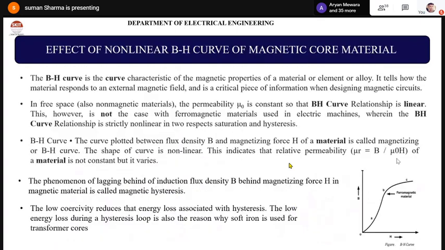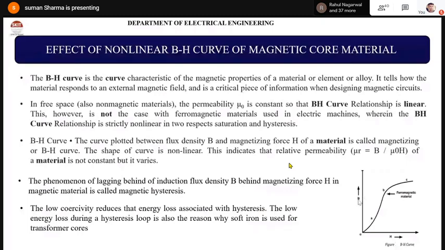Now BH curve, as you know, is the effect of magnetic material, that is a property of the material. When H is 0, B is not 0, that is B is lagging behind H. For example, when we talk of electrical circuit, we say that inductor has the current lagging behind the voltage by 90 degrees.